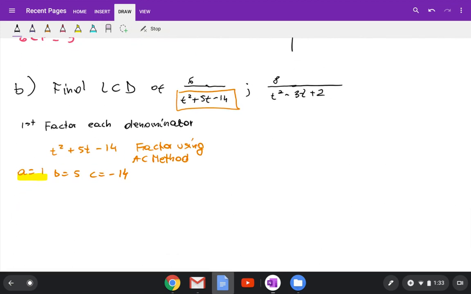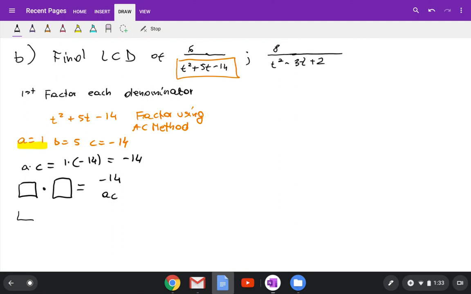Okay, so we're going to factor this. So first multiply A times C, we're getting 1 times negative 14. You're getting negative 14. Next, we're going to find two integers whose product gives you AC, which is negative 14. And the same two integers by addition give you coefficient B, which is 5.